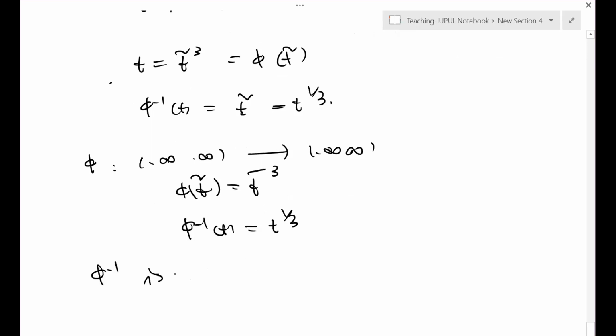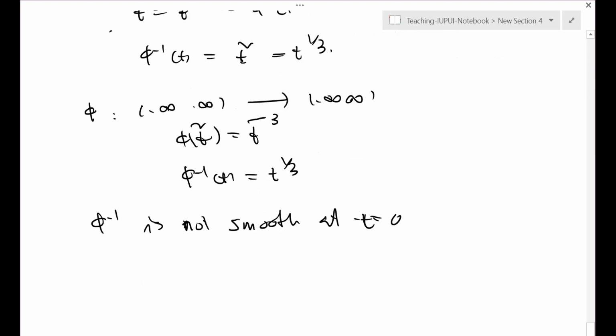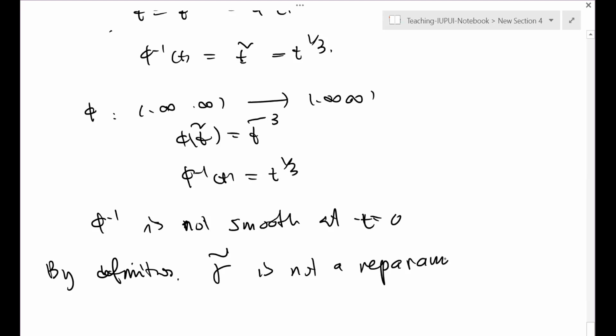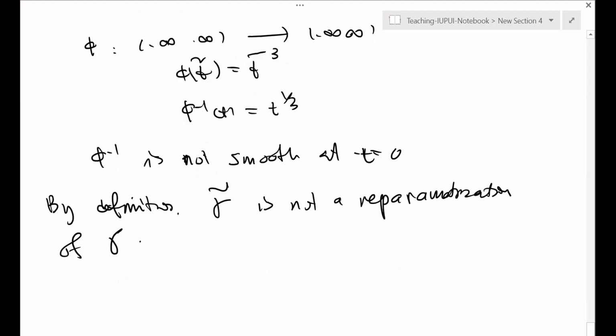So phi's inverse is not smooth at t equals 0. So by definition, gamma tilde is not a reparametrization of gamma. It's another parametrization of the parabola, but it's not a reparametrization of the given one. So don't be confused.